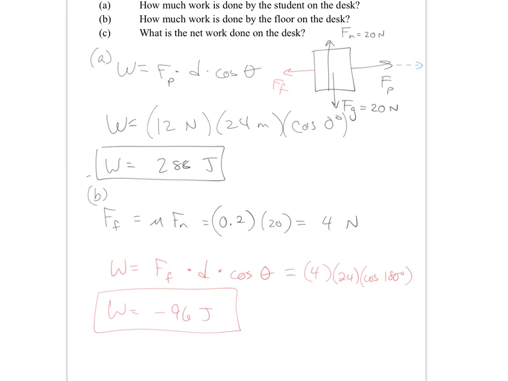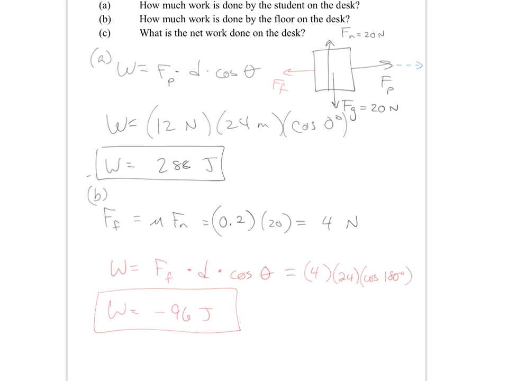If it's not distance, what else is used to calculate work? Use the formula. Think about what else is in the formula. Cosine changes it for sure. It makes it negative or positive. That's a good point, but I'm saying numerically, what makes 288 bigger than 96? Well, the force is different.